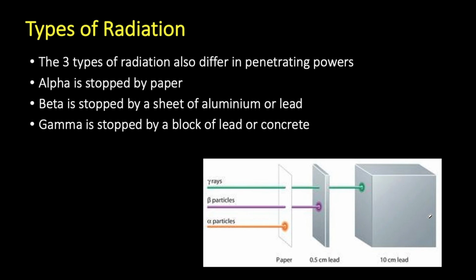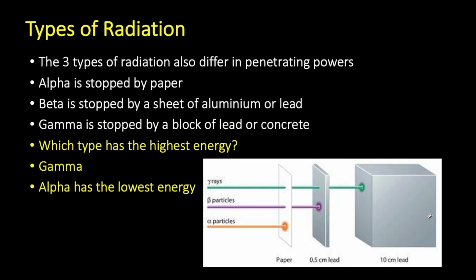Gamma waves, on the other hand, can only be stopped by blocks of lead or concrete. They pass easily through paper and that ½ centimetre of lead, and only these blocks of lead or concrete can stop them from passing through. So based on this, which type, alpha, beta or gamma, do you think has the highest energy? The answer would be gamma, and alpha has the lowest energy.